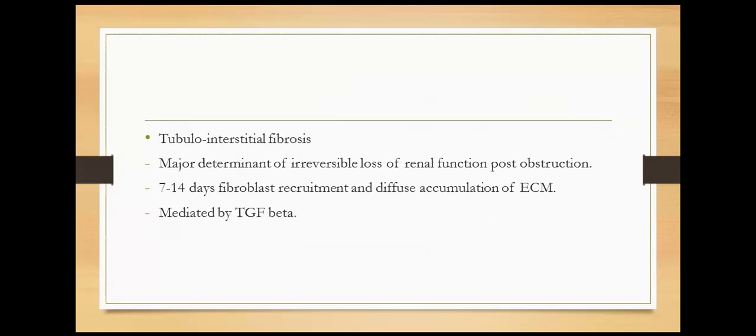Of note is that once tubulointerstitial fibrosis sets in, it is said to be irreversible and that renal function will be lost, even post obstruction, even if you release the obstruction of that system. They say your TNF, your NF-kB, will still remain high, even with release at 14 days post-obstruction.